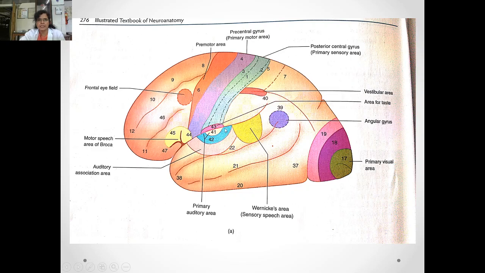Its small part is present on the superolateral surface, but its maximum part is present in the inferior wall of the posterior ramus of the lateral sulcus, which forms the superior surface of this superior temporal gyrus.